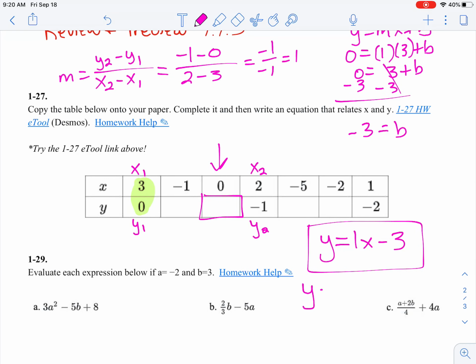So if we want to find that 0, we can plug in 0 for x, y equals 0 minus 3, and then we can say y is equal to a negative 3. And so that's how we can fill in each one of those y values. So now we would plug in a negative 1 to figure out what the y is, and then we would plug in the negative 5 to the equation to figure out what the y is. And so that's how you can fill out the table.